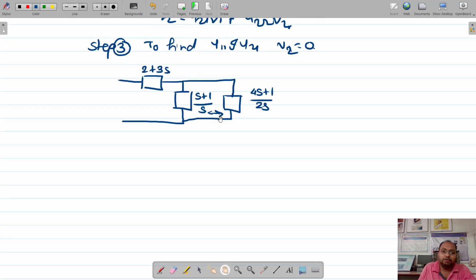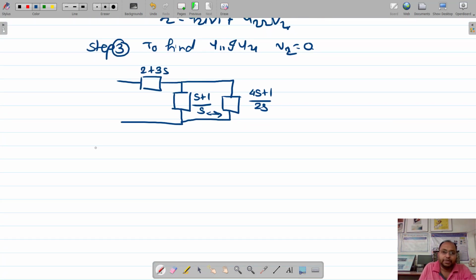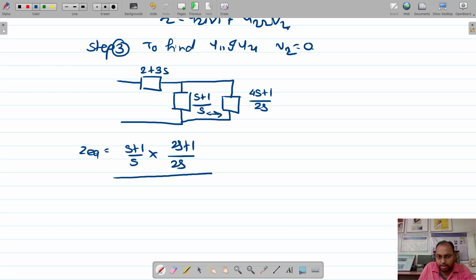So z equivalent 1 is equal to s plus 1 divided by s into 4s plus 1 divided by twice s, and this is nothing but r1 into r2 divided by r1 plus r2. So s plus 1 divided by s plus 4s plus 1 divided by twice s. Okay, fine. So how are you going to write it?